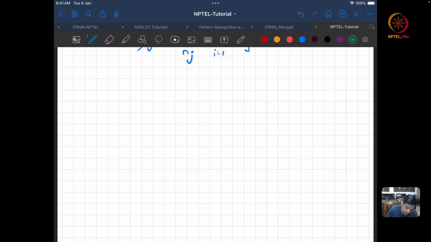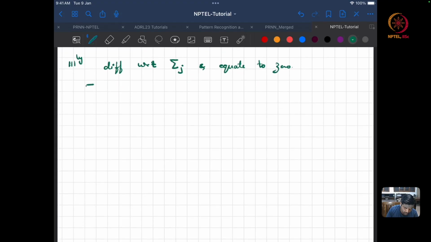So I'll just write the result. Similarly, take the partial derivative with respect to sigma j and equate it to 0. Now we will be able to get it.